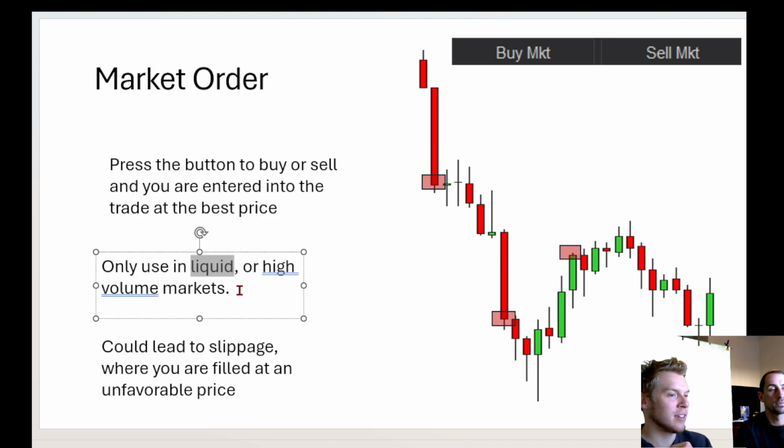If there's not, you're at risk. Like if you're trying to sell here and there's no buyers until down here, then you're actually going to end up selling at this lower price. Because that market order is just going to force it to find whatever the next price is.